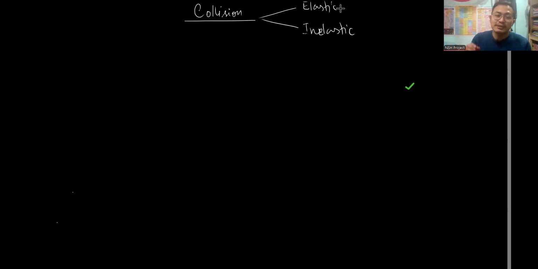Now, in collision, we have elastic and inelastic collisions. In both, momentum is conserved. P is conserved.